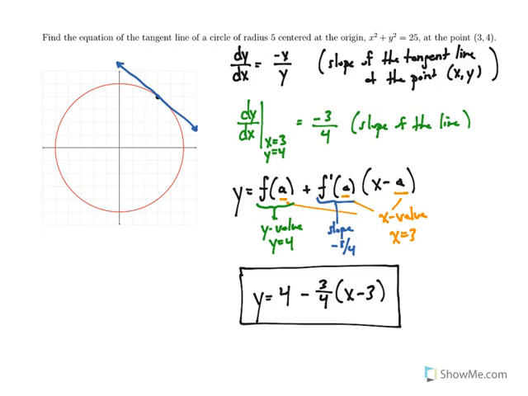Note that with this, we could easily find the slope of the tangent line at a different point. It doesn't have to necessarily be on the top half of the circle. We can do it for the entire circle, which we weren't able to do in the first iteration of this.